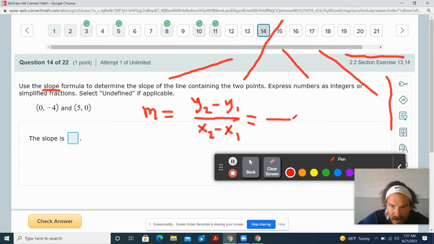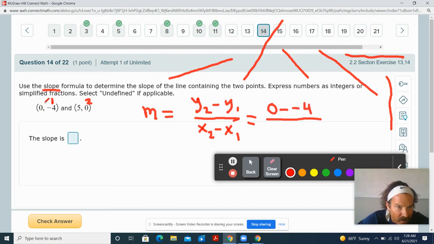It doesn't matter which one you call y2 or y1; you just want to be consistent. So I'm going to call this one here y1 and this one here y2. The second one is the y, the first one is the x. So y2 minus y1: my y2 is 0, so it's 0 minus negative 4.